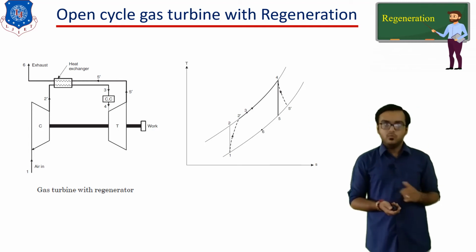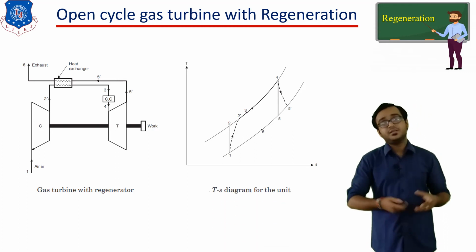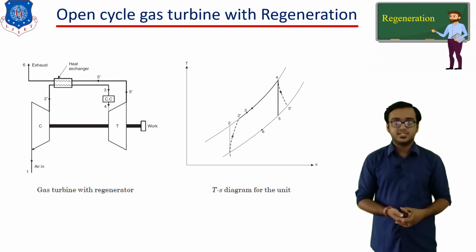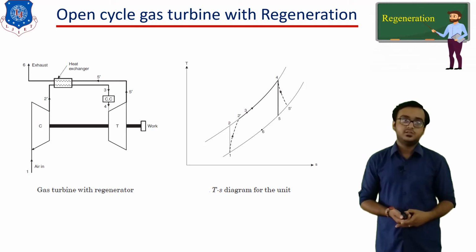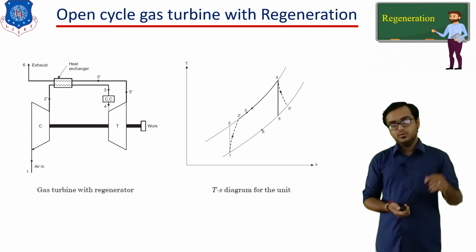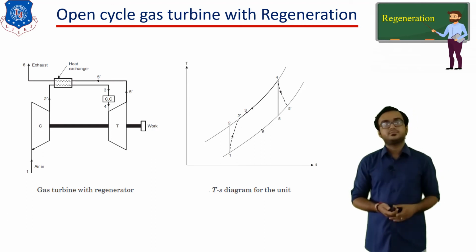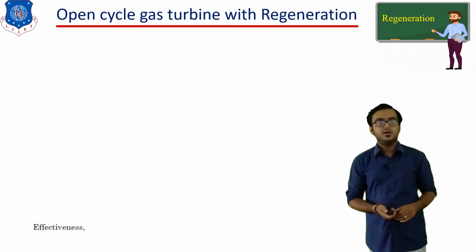Okay. Now based on this diagram, just identify the actual heat transfer rate and the maximum possible heat transfer rate inside the heat exchanger. Based on that, try to derive the effectiveness equation. Okay, just try. So here we have the effectiveness equation with us.